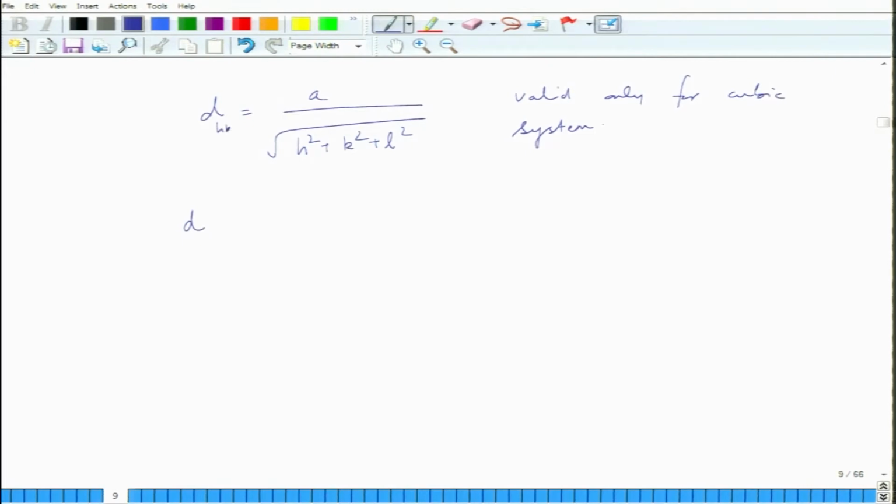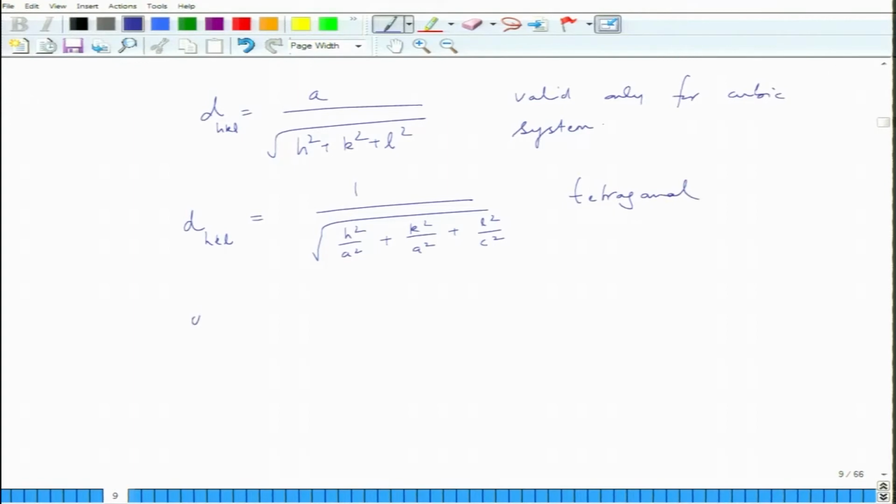So this is DHKL. For the tetragonal system, this DHKL would be 1 over square root of H square divided by A square, plus K square divided by A square, plus L square divided by C square. So this is for tetragonal.